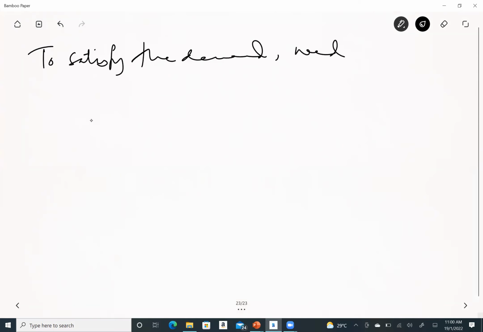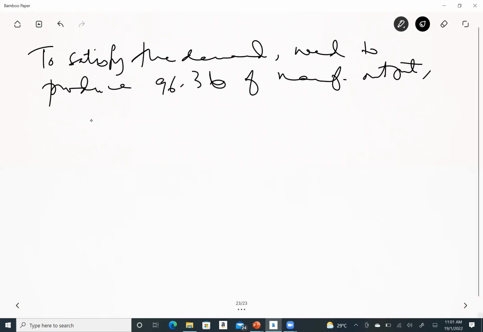You need to produce 96.36 units, whatever the unit may be, tons or kilograms, of manufacturing output, and 74.54 or 55 units.